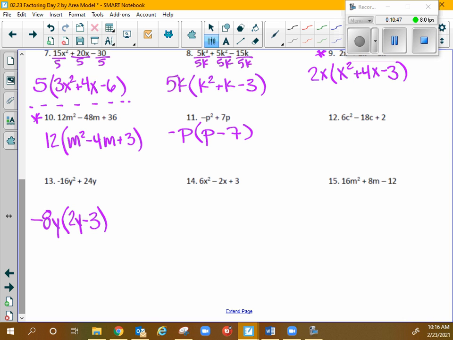Okay, last piece before we move on, number 14. It doesn't have a GCF. Realistically, if it didn't have a GCF, we would look for the next way to factor it. If you cannot factor it at all, it is prime.